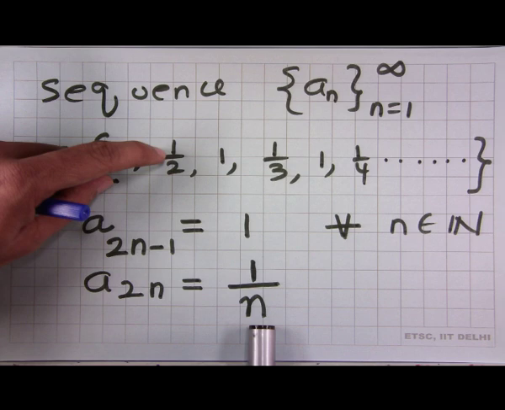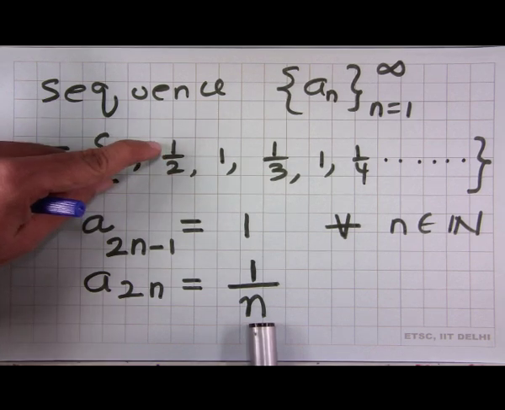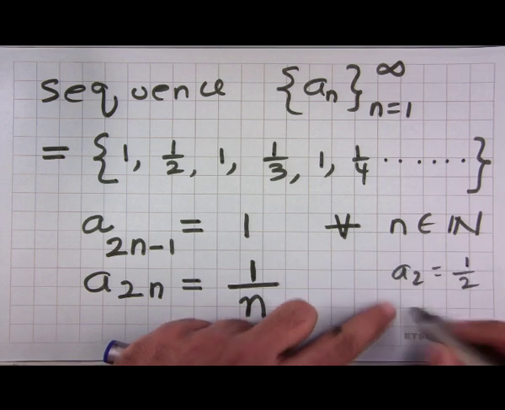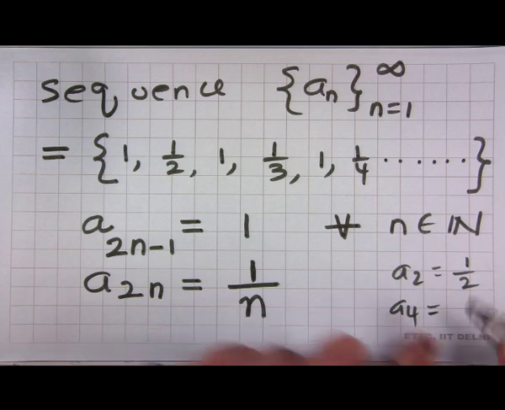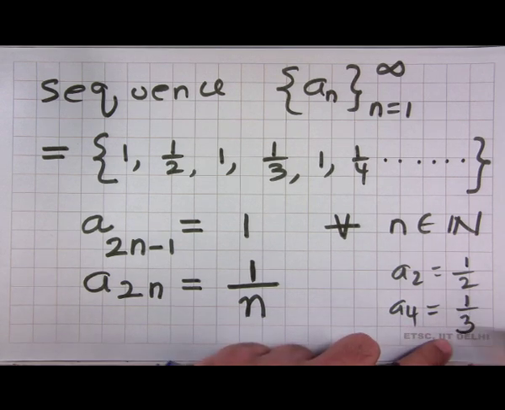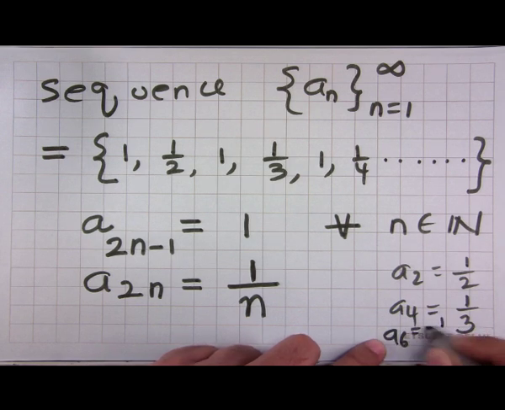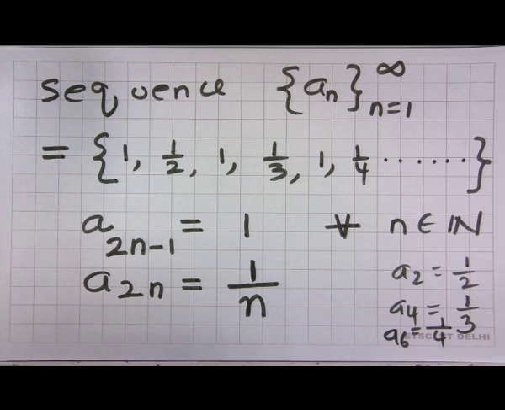The second term A2 is 1 by 2, the fourth term A4 is 1 by 3, and the sixth term A6 is 1 by 4, and so on.